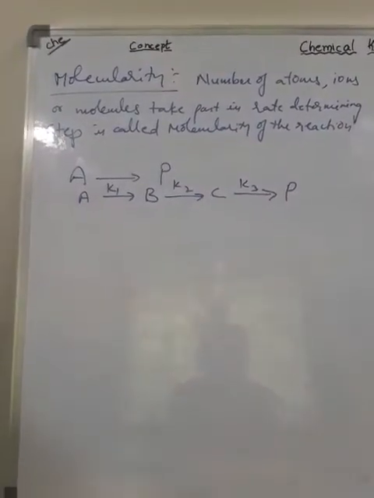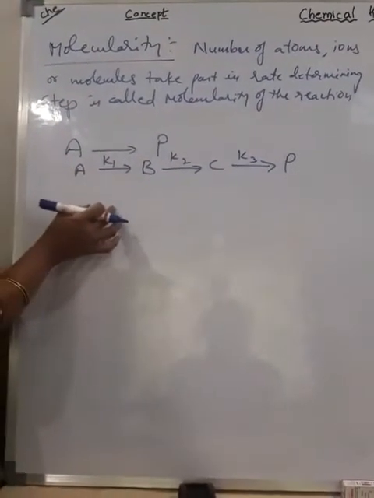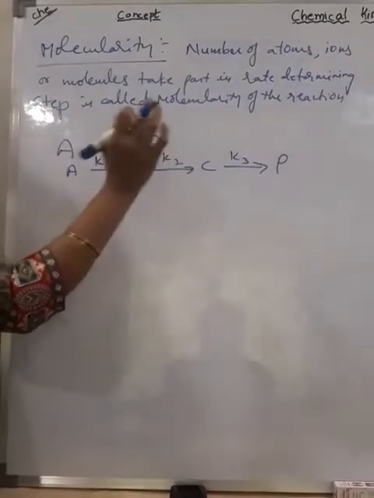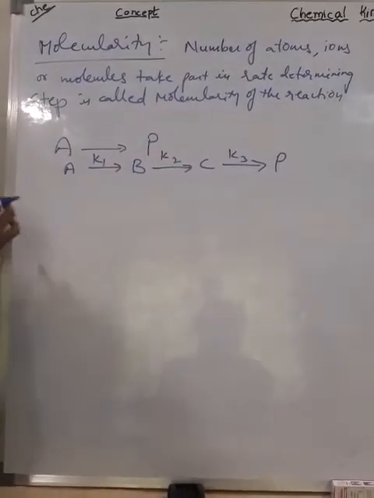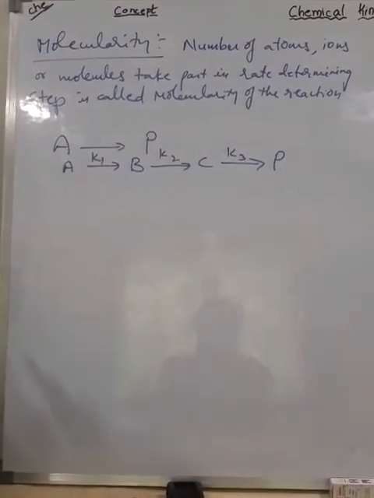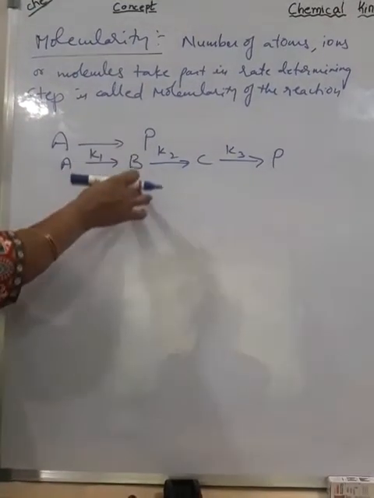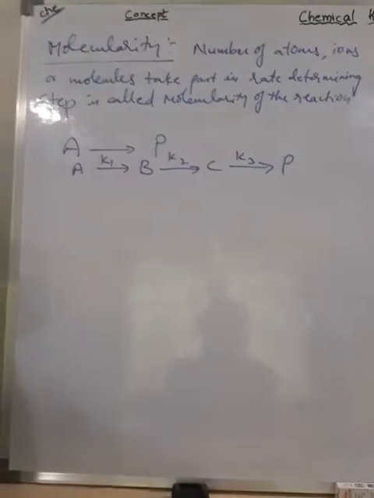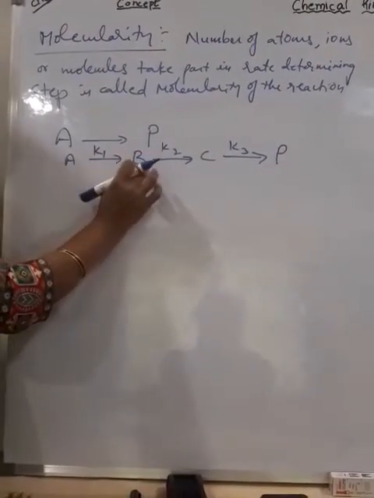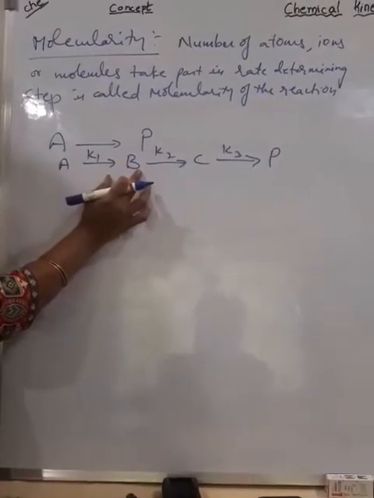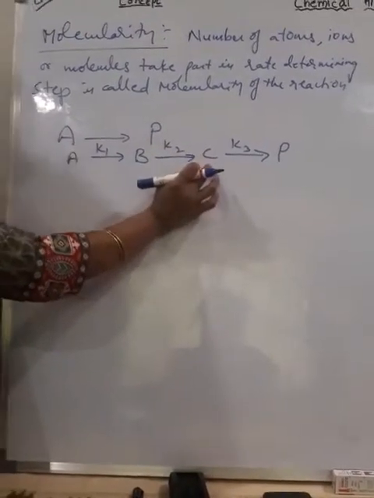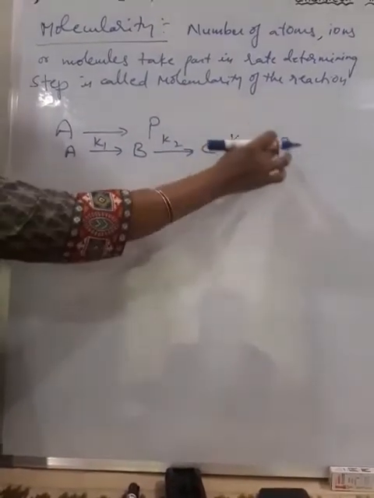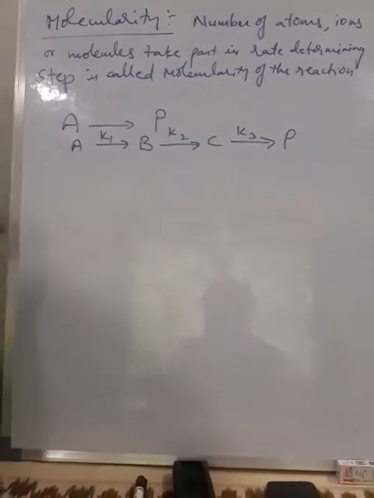In this reaction, one of these steps takes place in the slowest manner. That slowest step is nothing but the rate determining step. A to B is the first step, B to C is the second step, and C to products is the final step.